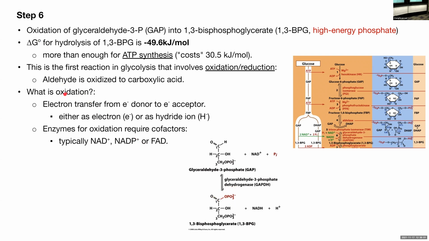And again, quickly, oxidation is about transferring electrons from an electron donor to an electron acceptor. It's about losing an electron or multiple electrons. But it can lose it in the form of electrons or hydride ion too, which is a hydrogen anion. And we talked a lot about hydrogen cations so far, right?